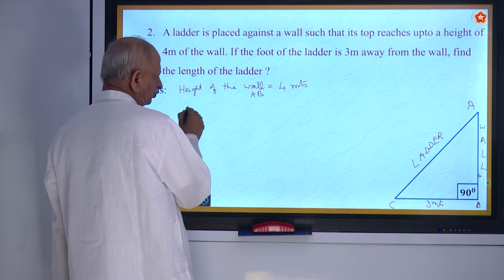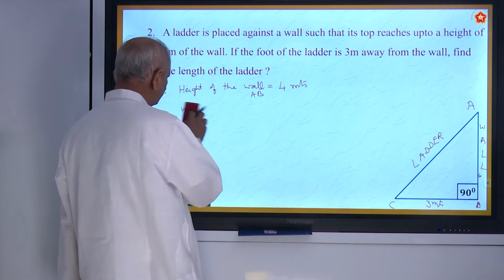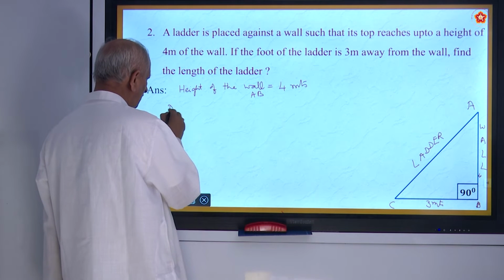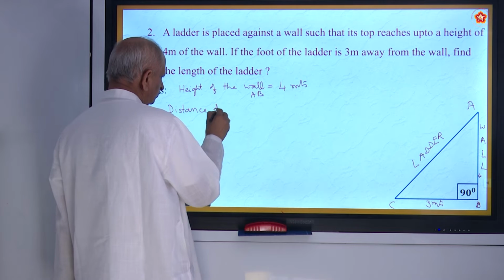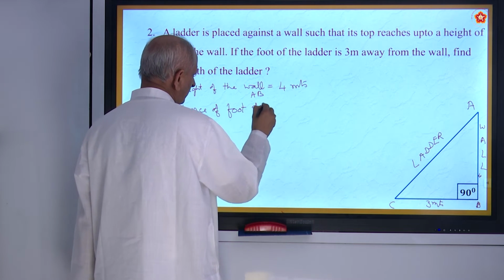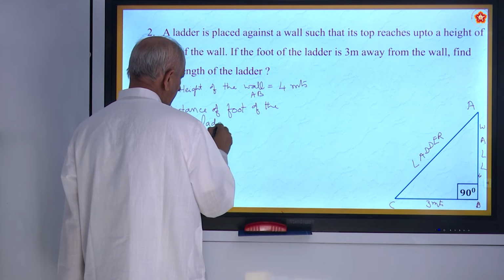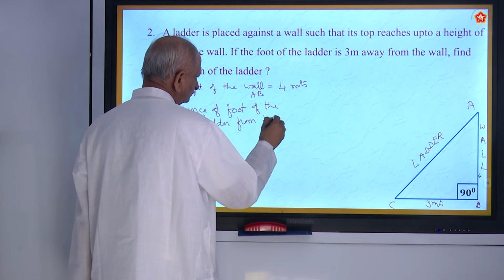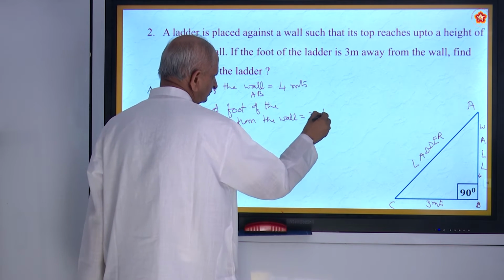So the distance of the foot of the ladder from the wall is equal to 3 meters.